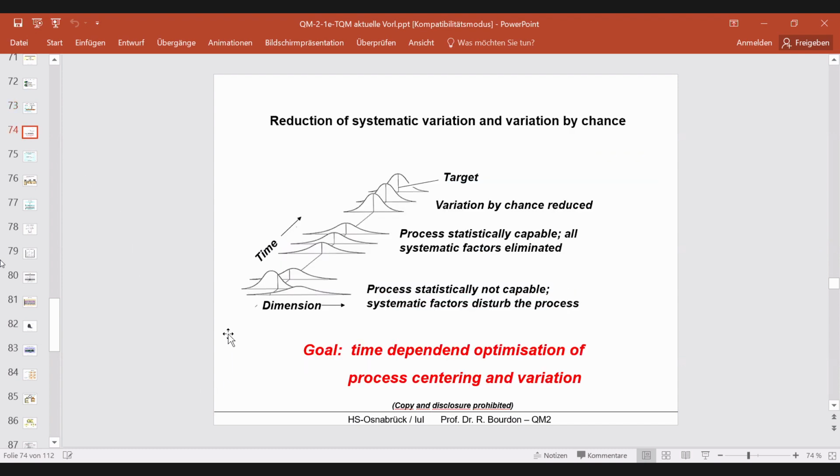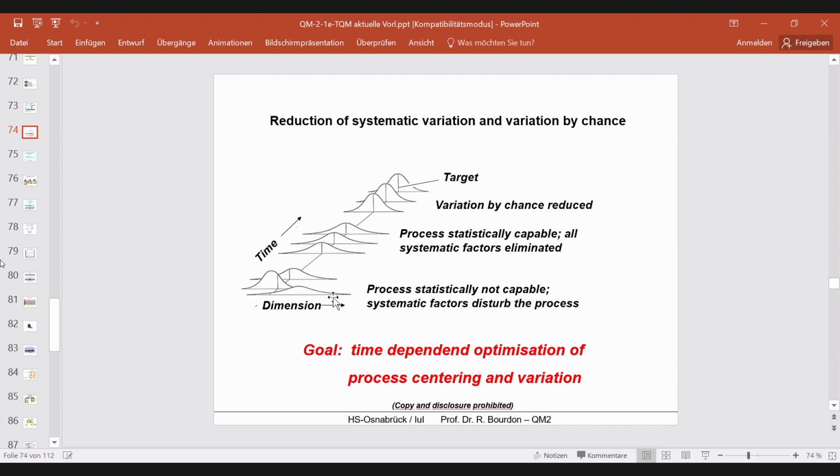The goal of all these quality methods is to get a process under statistical control. This means today you have this distribution, tomorrow you have this distribution, and the next day you have that distribution, every time another mean and another standard deviation.